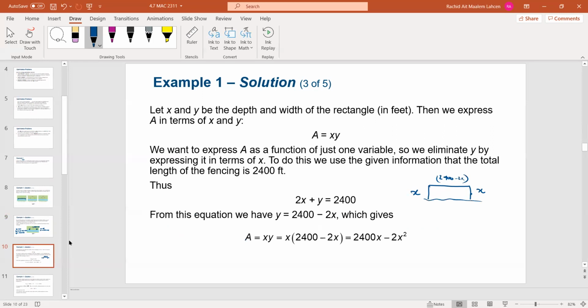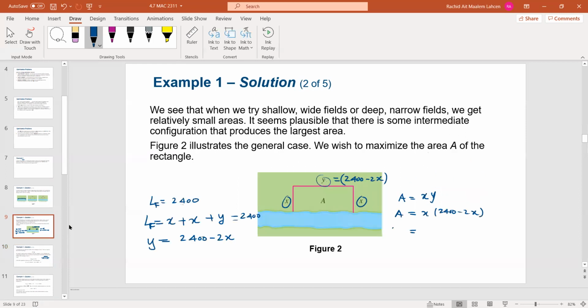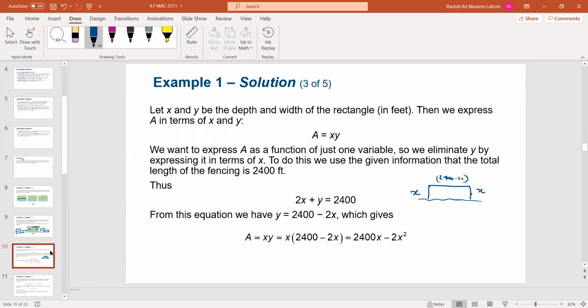That's what I showed, and you multiply. So we get to this step: A is 2,400 times x minus 2x squared. So the area is represented by a parabola.